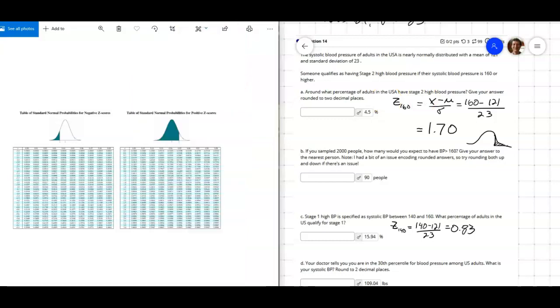Now our z-scores, though, have stuff to the left. So we can work this out in 2 ways. Because of the symmetry, this little area on the right we're looking for, we could also look for an equivalent area on the left, and we'd find that with the negative z-score table with negative 1.7. So let me look into that real quick.